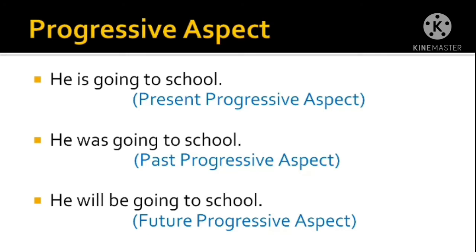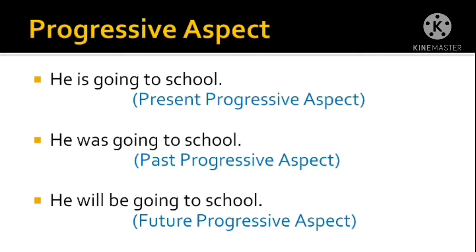Only the terminology is changed. The fundamentals or the basics remain the same. There is no change at all. The same sentence I will continue over here also, so that you can make a difference between the simple form and the progressive form. That is the simple aspect and the progressive aspect.